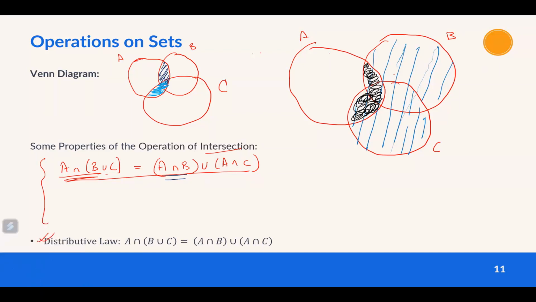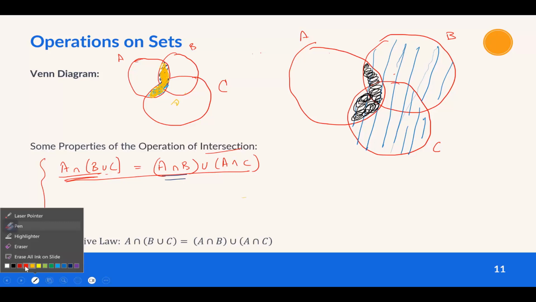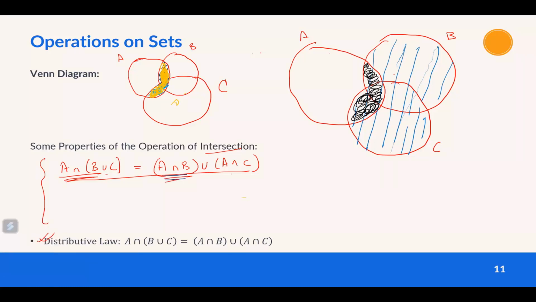Now it is saying you have to do the union of A intersection B and A intersection C. So this region will be the union of both the sets, right? The elements which are there in both the sets, A intersection B and A intersection C, this and this.